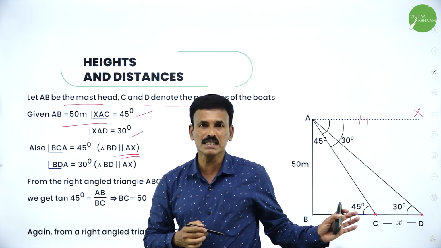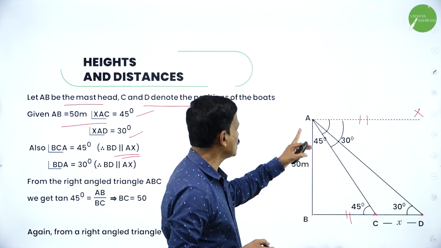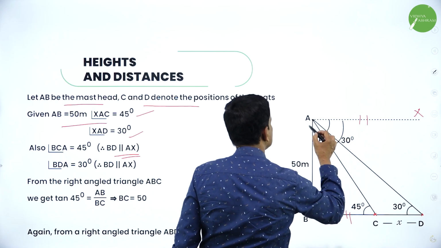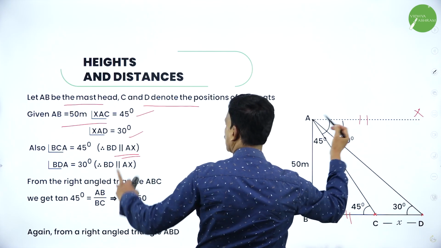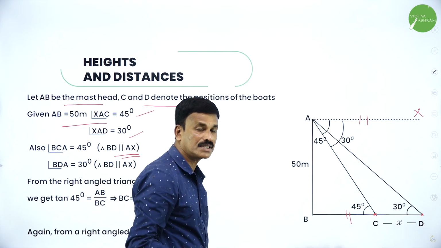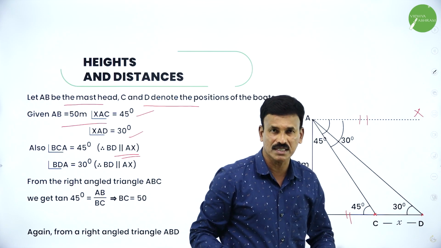So angle XAC is equal to 45 degrees, and similarly angle XAD is equal to 30 degrees.